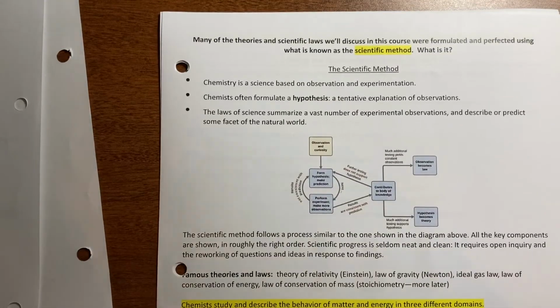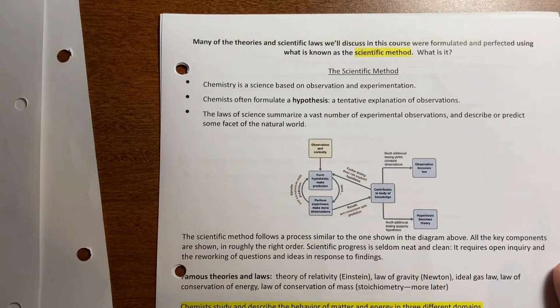Many of the theories and scientific laws we're going to discuss were formulated and perfected using what's called the scientific method. So everything we really know today is a result of this method. Now, there isn't one correct answer for what the scientific method is. I'm going to show you a video or splice a video into this lecture here that I think better explains what it is.